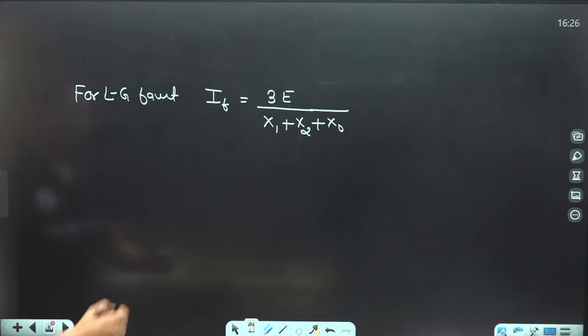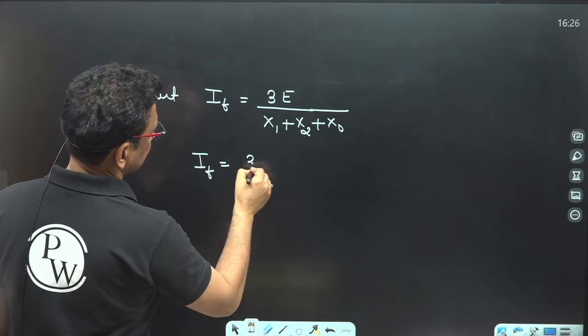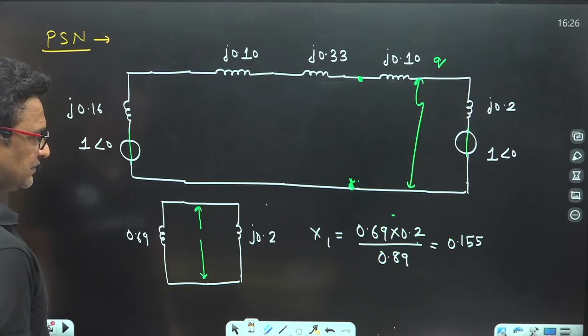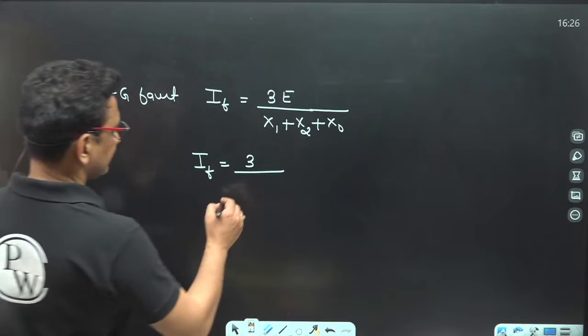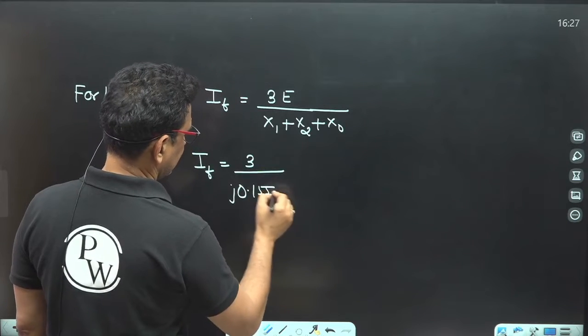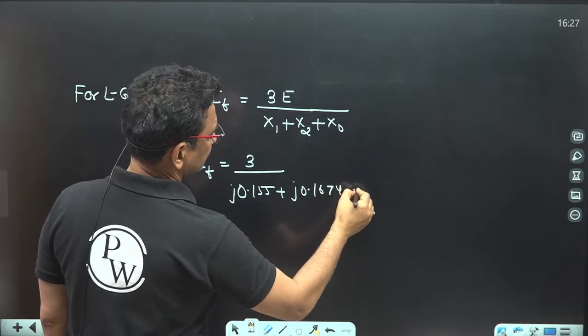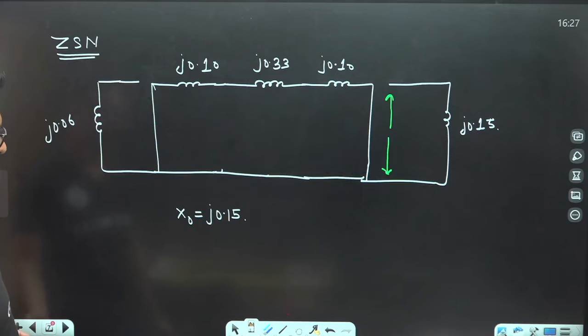Now, the fault current is 3 divided by X1 which is 0.155, X2 which is 0.1674, and X0 which is 0.15.